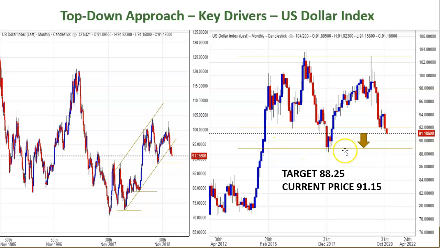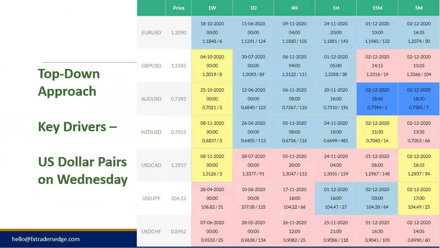The neckline is our initial target. So the target is 88.25 with current price at 91.15. Once we broke down through this minor support line over here, price continued to trade lower. So the next stopping point is 88.25. The US dollar index hasn't been this low since April 2018.